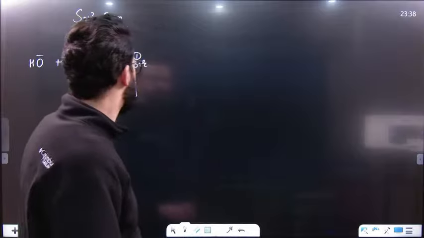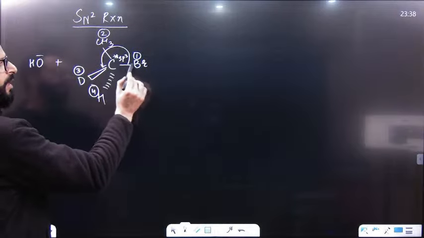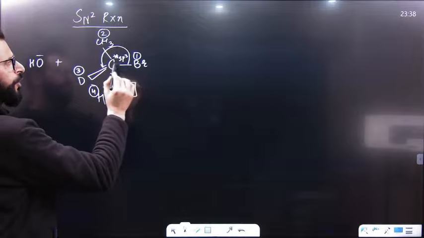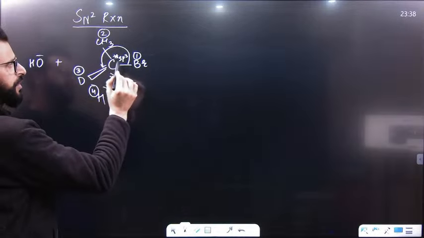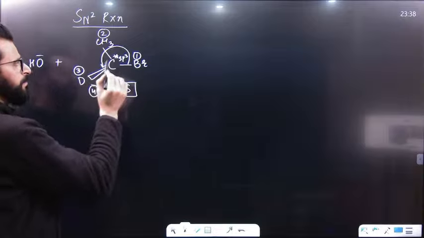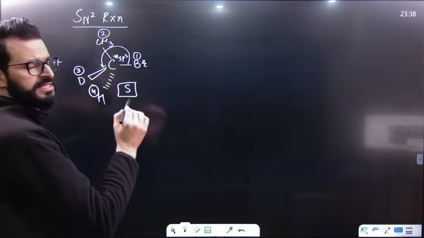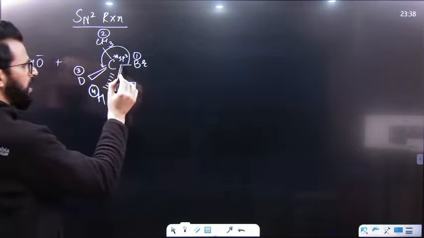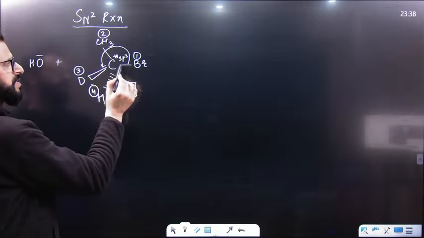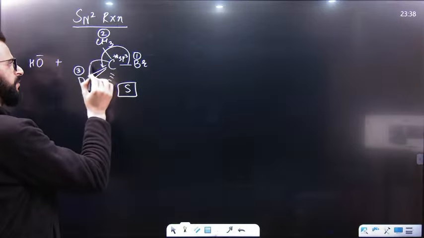Another reason is like this. We know this is a sigma bond. So the sigma bonding molecular orbital will be here, which contains 2 electrons. But the anti-bonding sigma orbital, or sigma star, will be exactly opposite to this sigma bonding molecular orbital. That means it will be like this.